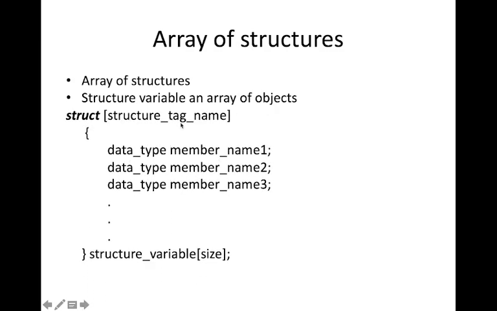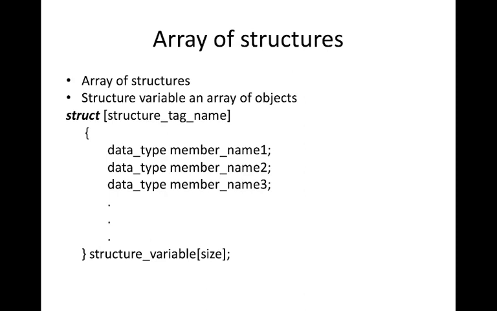So this is an example of that. It is the same declaration. The only thing is that when you include the structure variable, you have to specify the size within square brackets. If you want to have 10 structure variables, simply make it a structure variable of 10. Then you can use structure variable of 0, structure variable of 1, like that you can use 10 variables. That is known as array of structures.